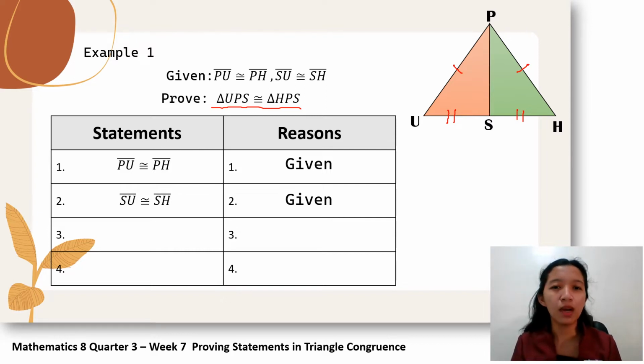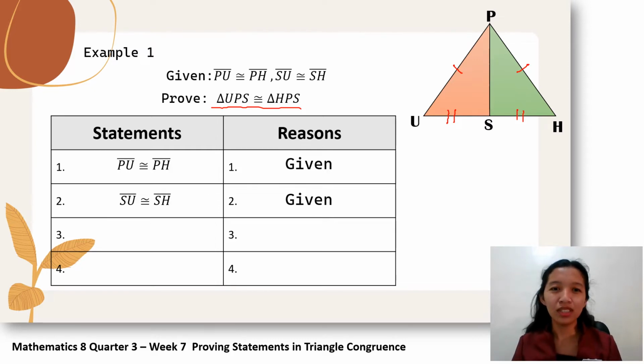Let's recall from our previous lesson. How can we conclude or prove that two triangles are congruent? You still remember?